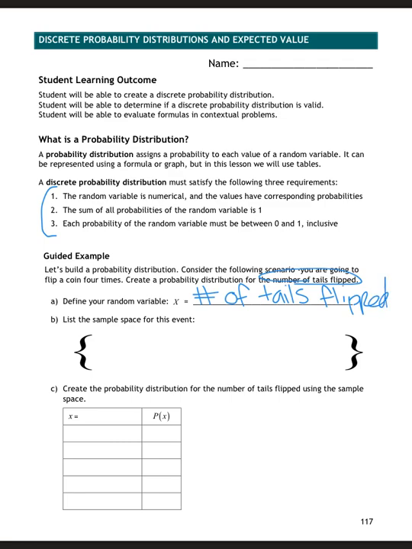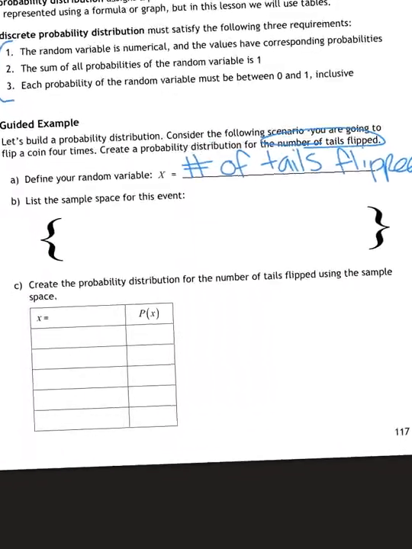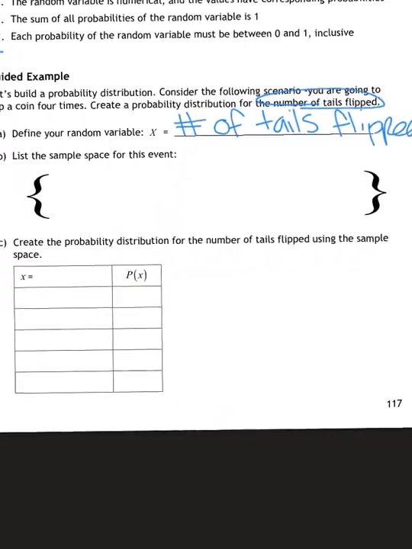And then this next part asks you to actually write the sample space for this event. So that's saying, what is every possibility of these 4 coins being tossed? So let's see if I can make this a little bit bigger so you guys can see it.